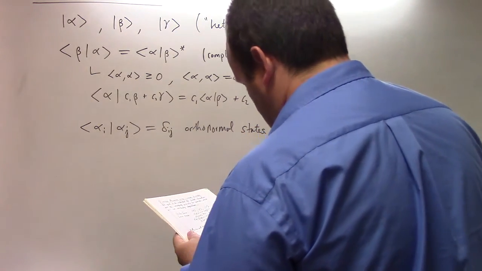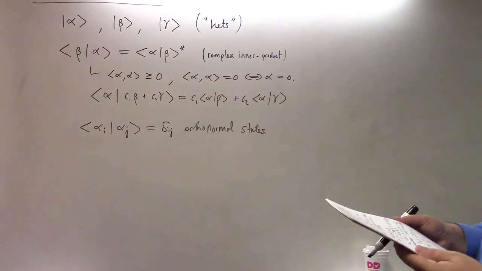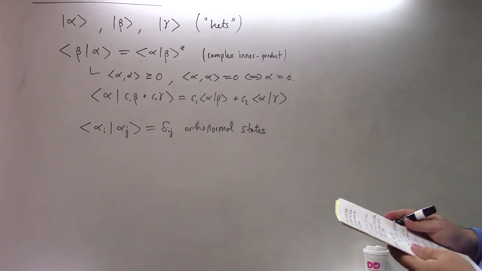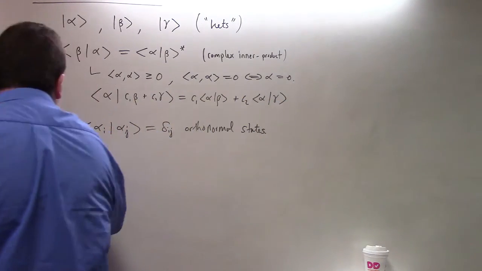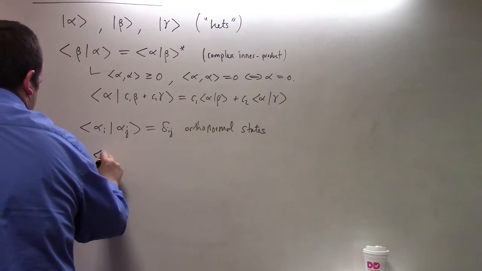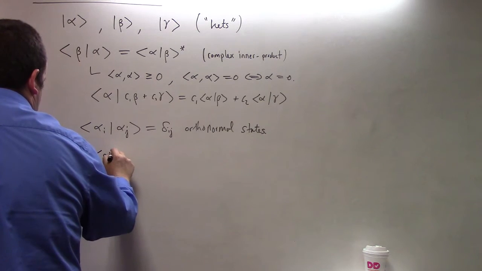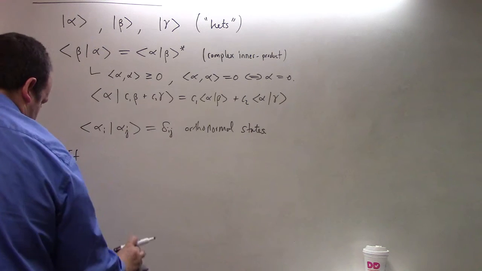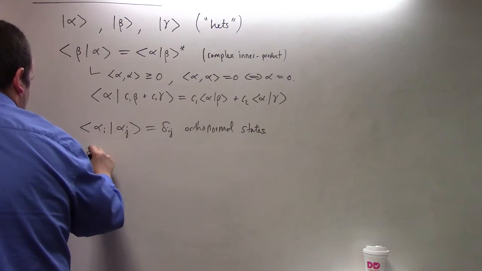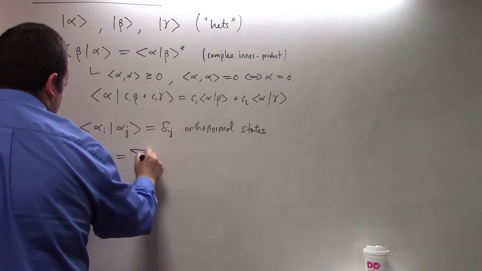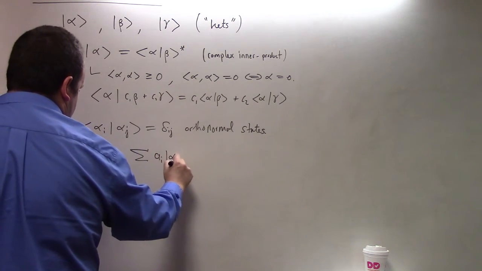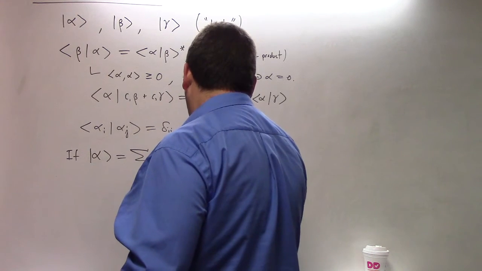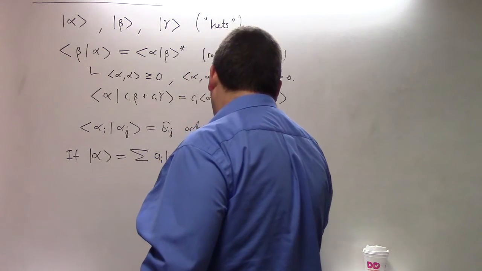So let's see here. If alpha is equal to the sum of a sub i, alpha sub i, right? Then if you take alpha sub j on alpha, what happens?